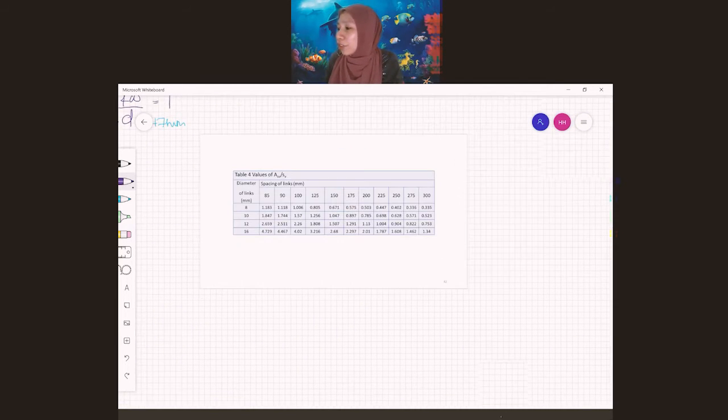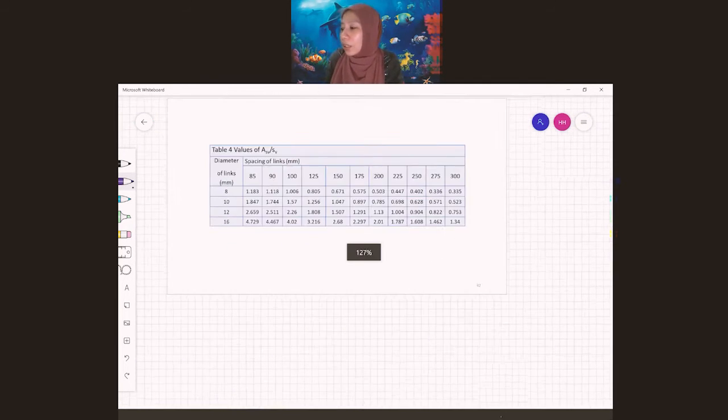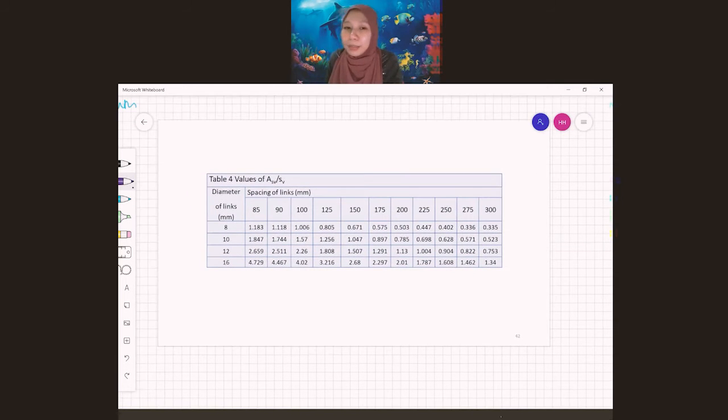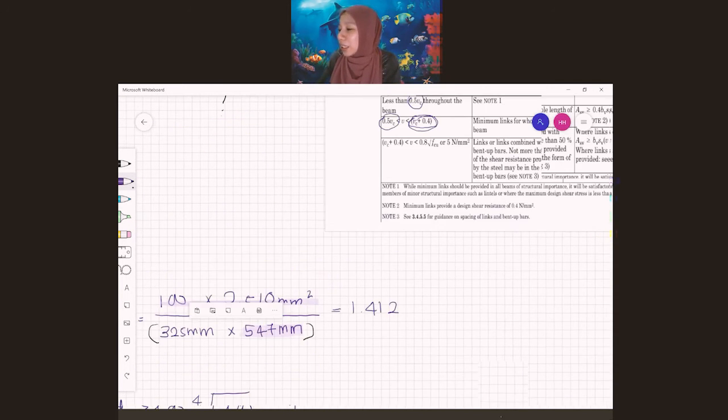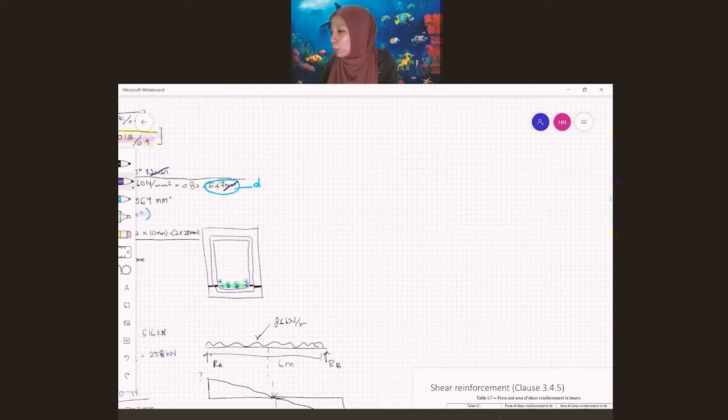So we're going to refer to this table. Okay, table ini. So we know that our ASV divided by SV that kita dapat, it is 0.547. Okay, alright. And then which one that we need to choose? Okay, first thing kita kena tengok juga lagi whether in any of this kita ada buat assumption.